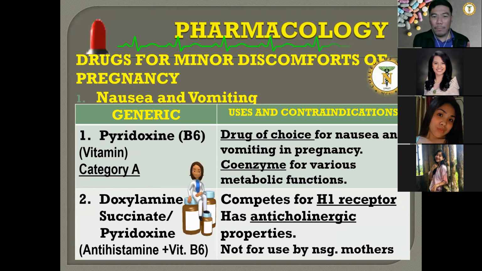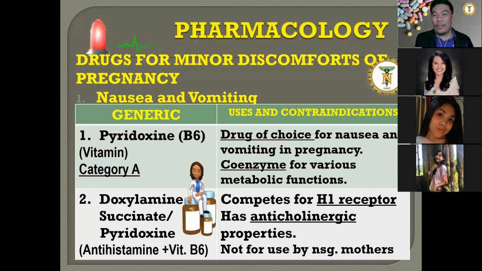Because it is not indicated for use for nursing mothers. Those who are breastfeeding are not advisable to take it since it has antihistamine. Remember, most of the antihistamines have the side effect of slight drowsiness, and thus this may also be excreted.